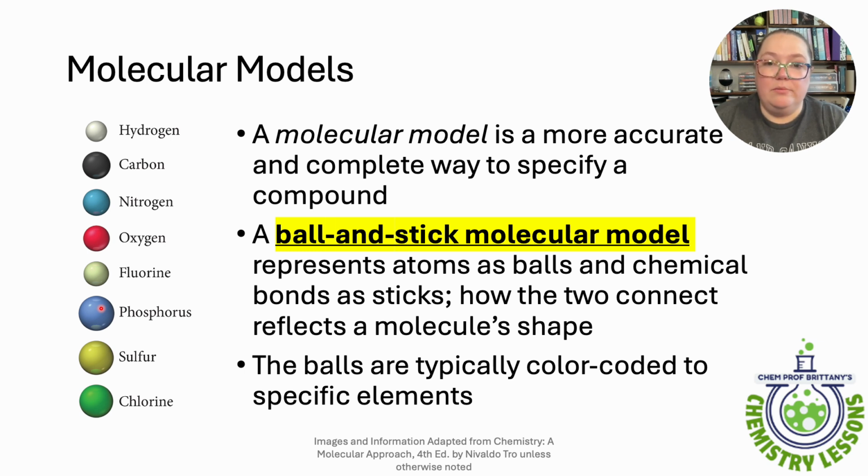And so in a ball and stick model, they're going to be in a 3-dimensional arrangement so that we can see the 3D shape of the molecule. Typically, these balls are going to be color-coded to specific elements. Sometimes it's different depending on the model set, but typically we have this set color coding.